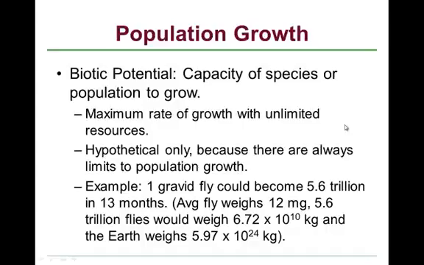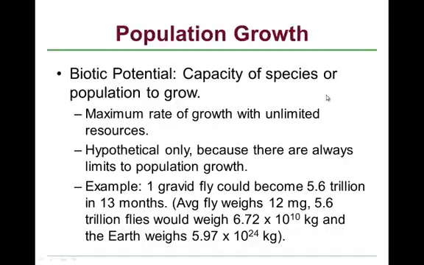Now the average fly weighs 12 milligrams, and 5.6 trillion flies would weigh 6.72 times 10 to the 10th kilograms, and the Earth weighs 5.97 times 10 to the 24th kilograms. So, in other words, one fly could potentially grow to be a substantial proportion of the Earth's mass in just over a year. And so this just shows you what we're talking about with biotic potential.